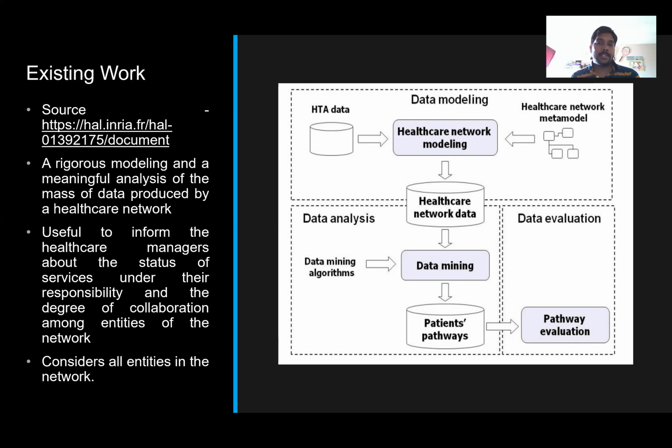Entities in the sense the providers, members, physicians, and so on. Of course, it considers all the entities as a network model. But in this project, we are going to take only providers and members as nodes and the claims as edges and analyze the network model between them.